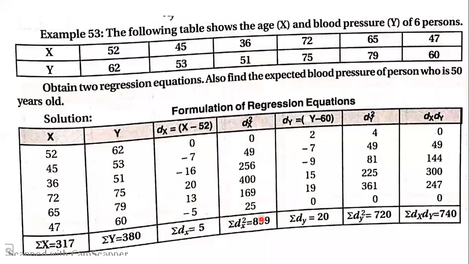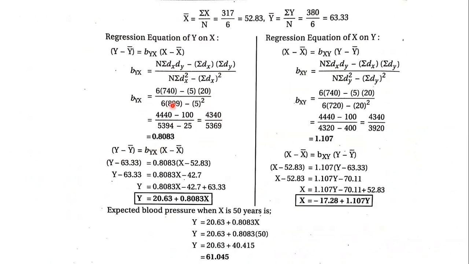Sigma dx square is 899 and sigma dx is 5 square. Here also many of them will go wrong. They will not know the difference between dx square and dx whole square, so be careful in that. So 6 into 740 minus 5 into 20, whole divided by 6 into 899 minus 5 square.